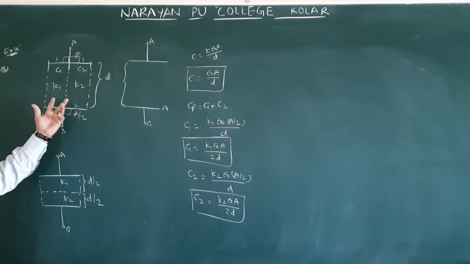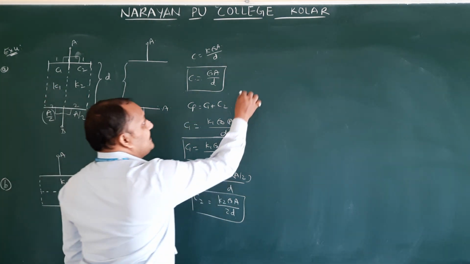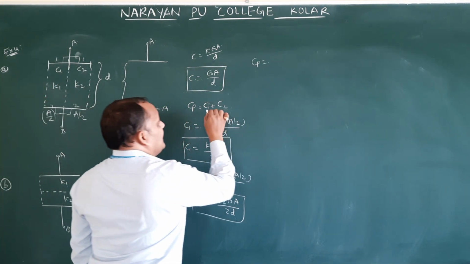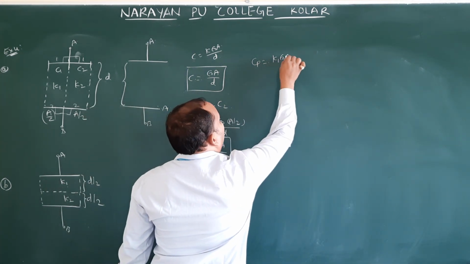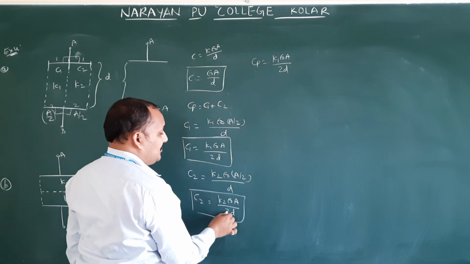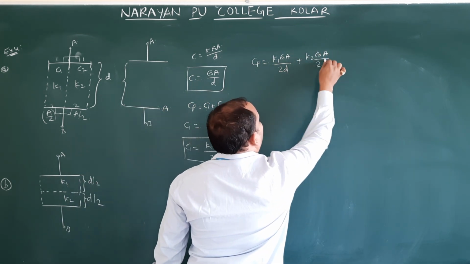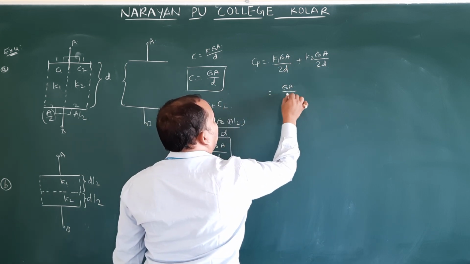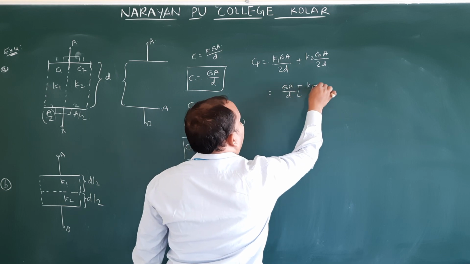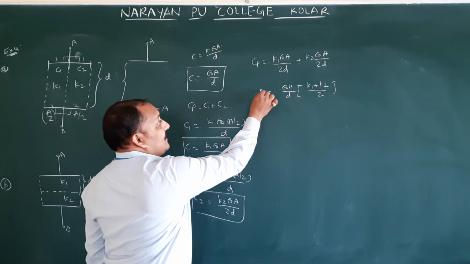We said they are connected in parallel, so substitute: Cp is equal to C1 plus C2, which is K1 epsilon naught A by 2d plus K2 epsilon naught A by 2d. What is common here? Epsilon naught A by d times (K1 plus K2) by 2. This is the resultant capacity.